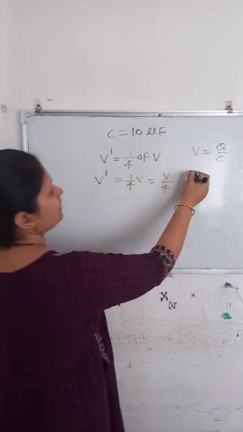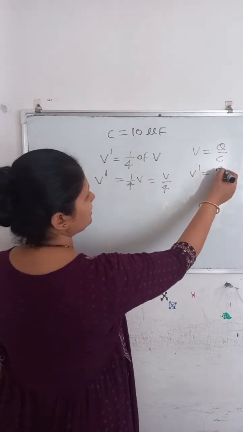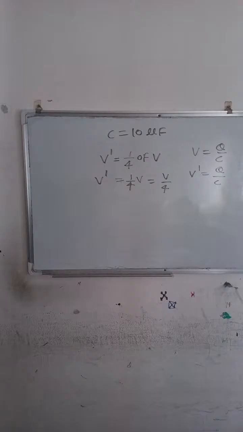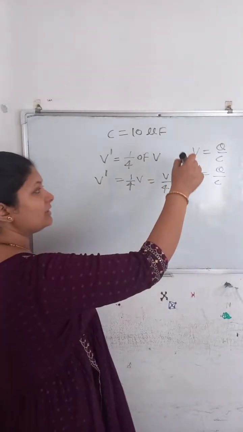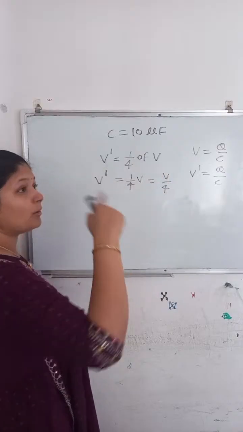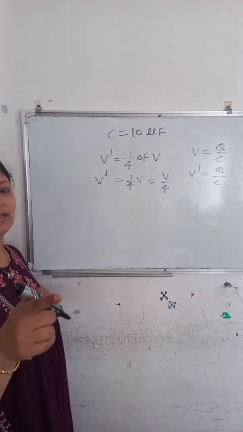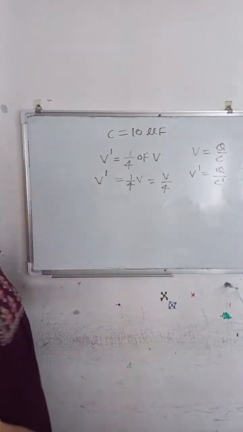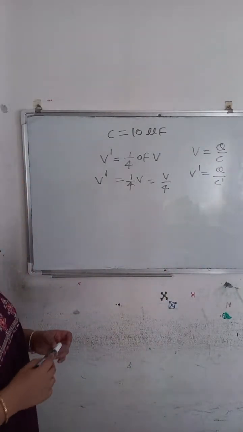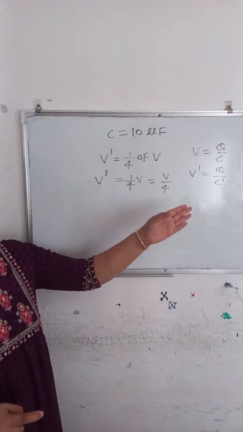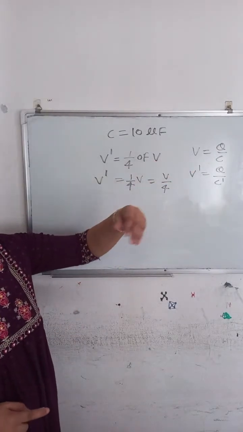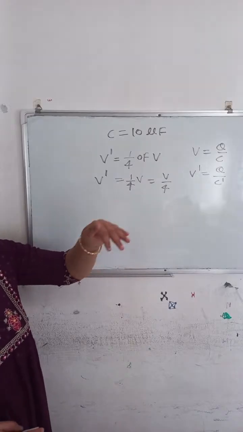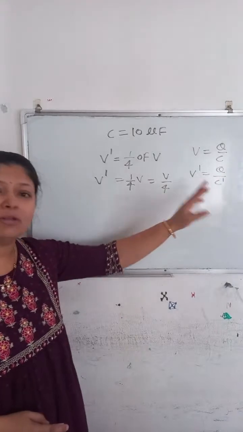If we take the new potential V dash, we will get Q by C dash, because by inserting the dielectric slab the capacitance also changes. So the original potential drop is Q by C, and the new potential drop generated due to the dielectric slab is Q upon C dash.